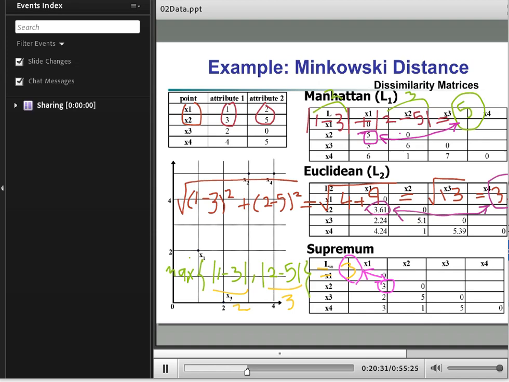Is it enough, or I can calculate the distances between x3 and x4 if you want? Is it enough? Or should I calculate another example?